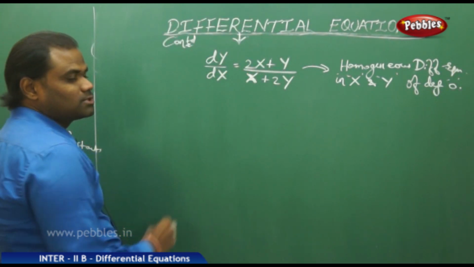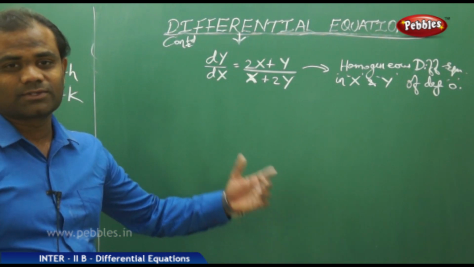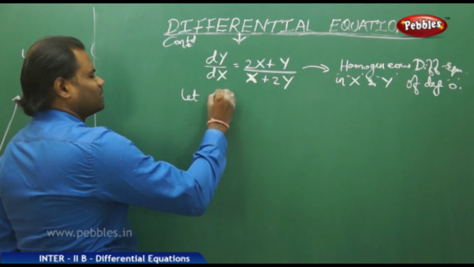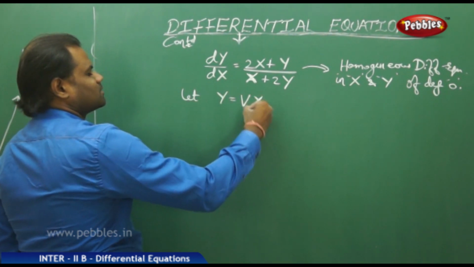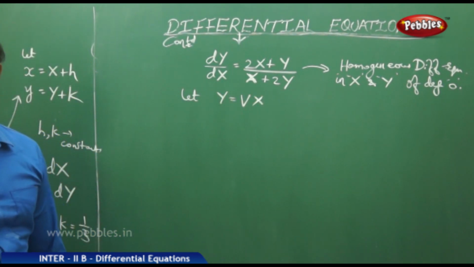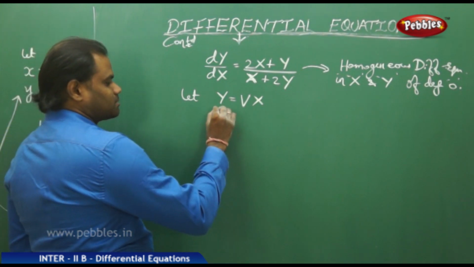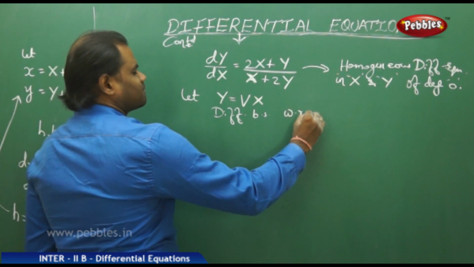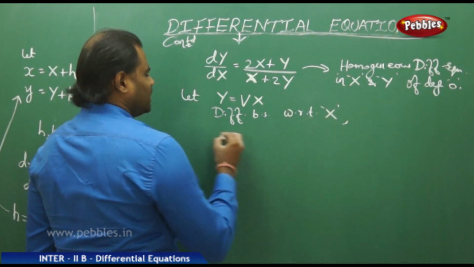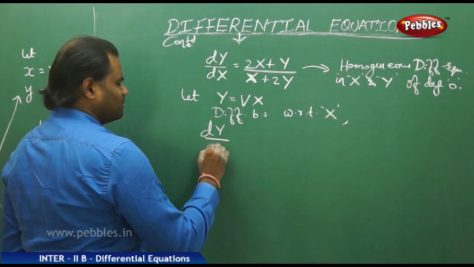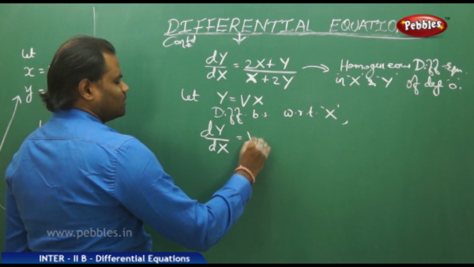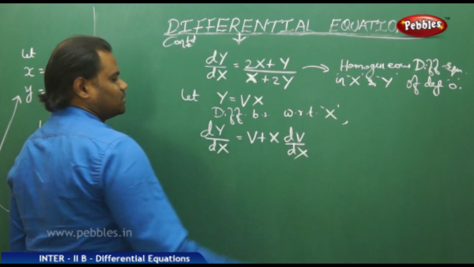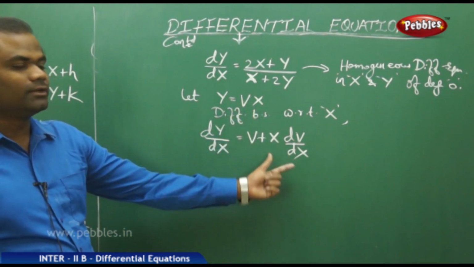Therefore, by using the second method of solving the homogeneous differential equation, we take y equals vx and then differentiate both sides with respect to x. Differentiating both sides with respect to x, we get dy by dx equals v plus x dv by dx using the product rule of the differentiation.